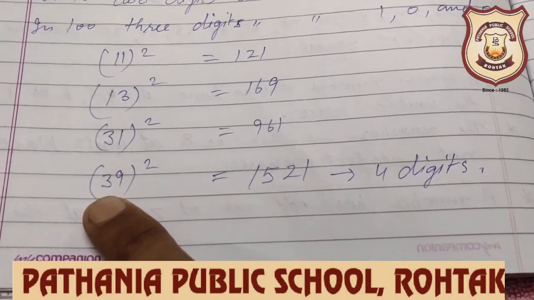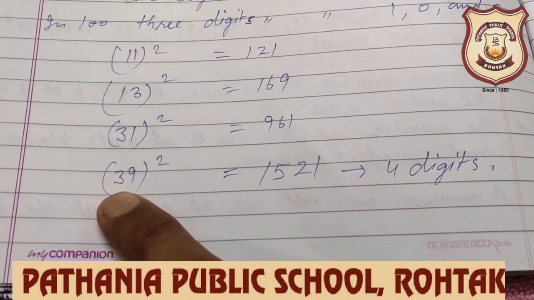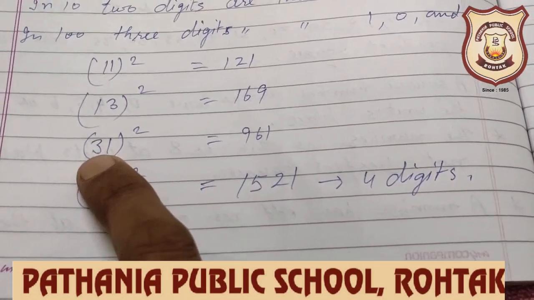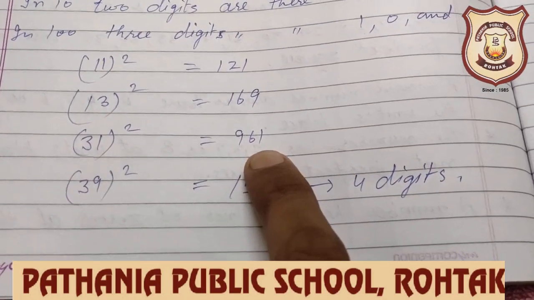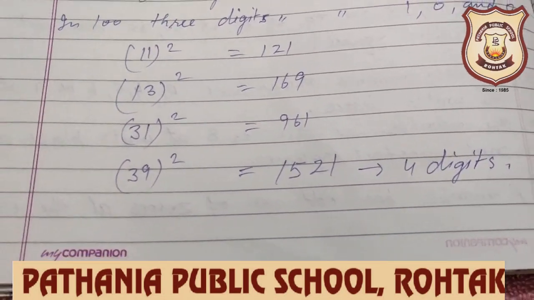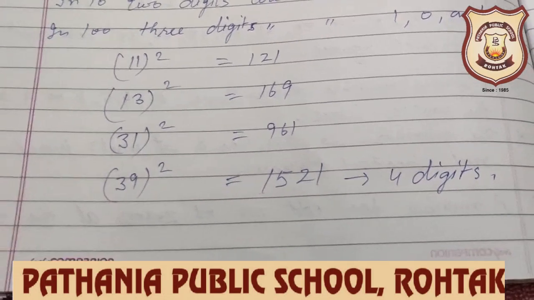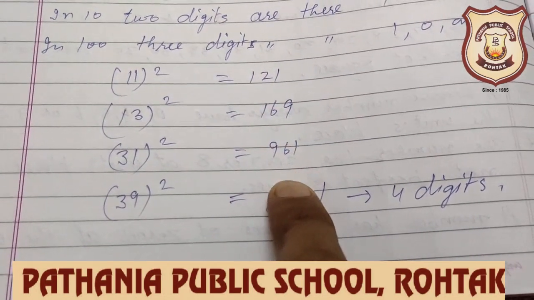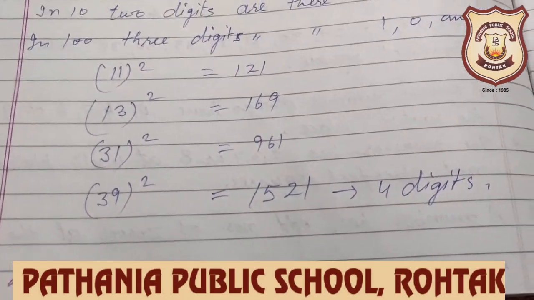Just like 39 has 2 digits, but its square has 4 digits. 31 has 2 digits, but its square has 3 digits. So if we square a number having 2 digits, the square of that number has either 3 digits or 4 digits.